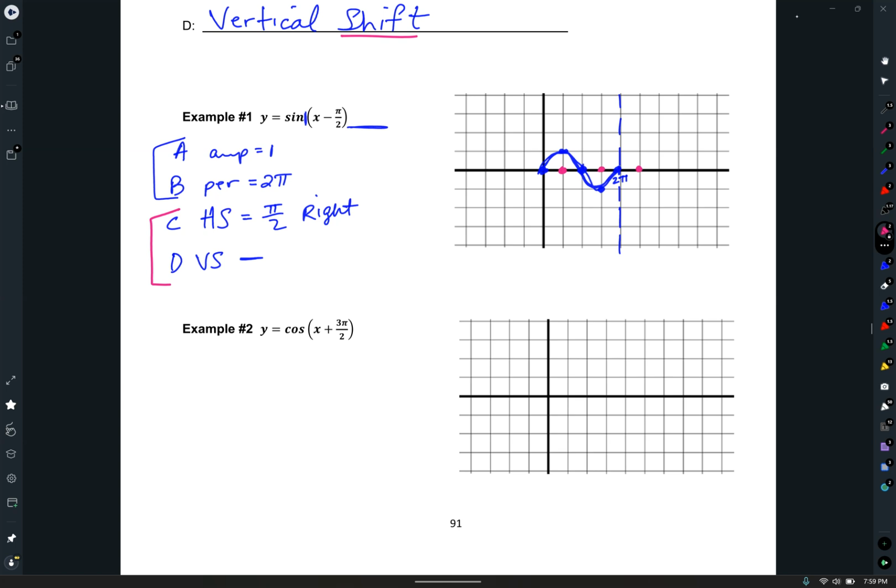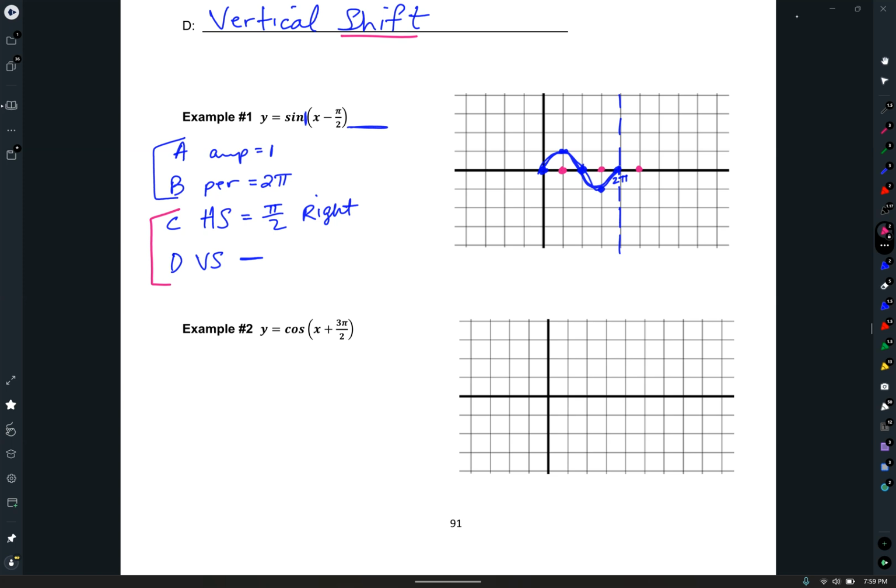Now remember, when I originally marked off my period at 2 pi, that just meant that first one stayed there. But now that I'm shifting the whole thing over, the whole thing is going to happen between 1/2 pi and 2.5 pi. But that still is only a distance of 2 pi for one full section of the sine.